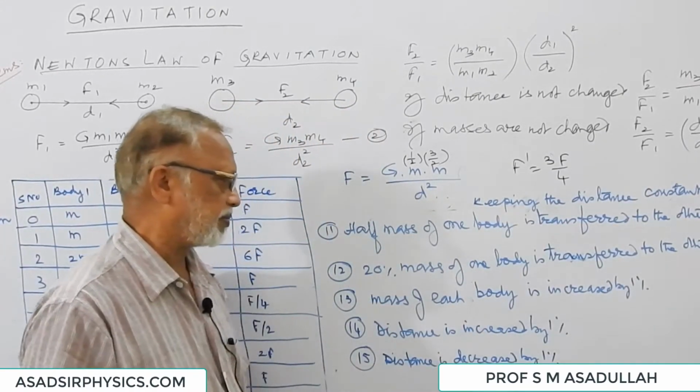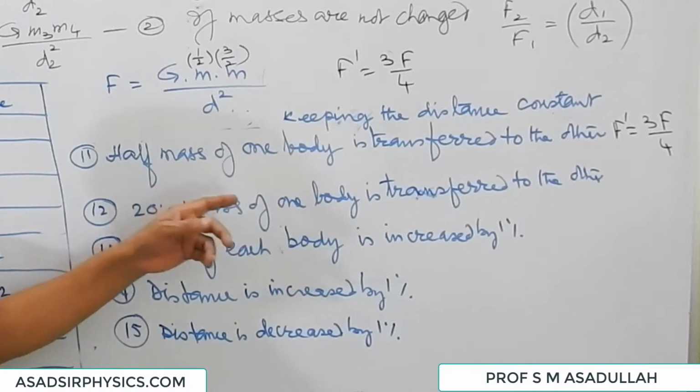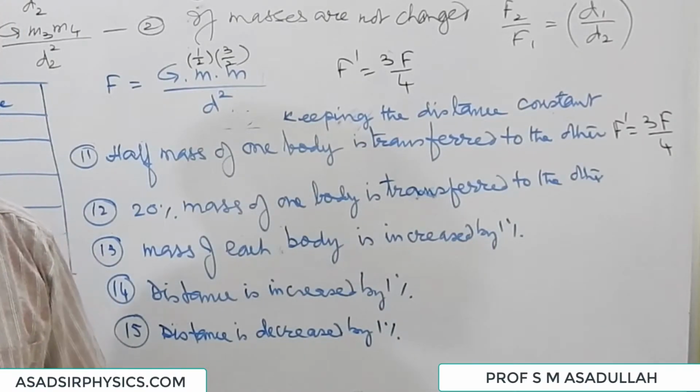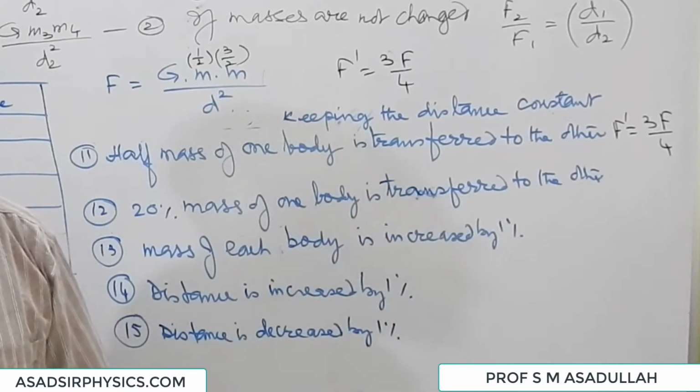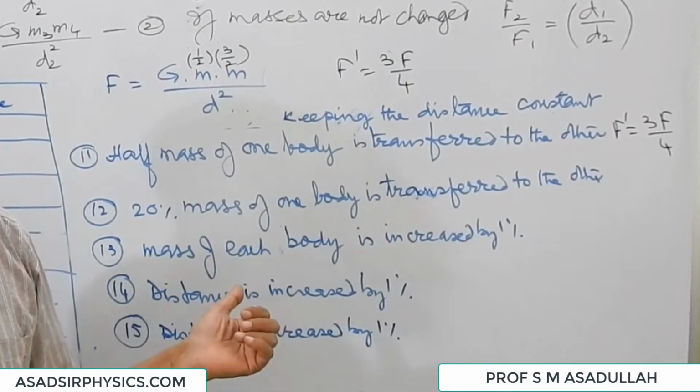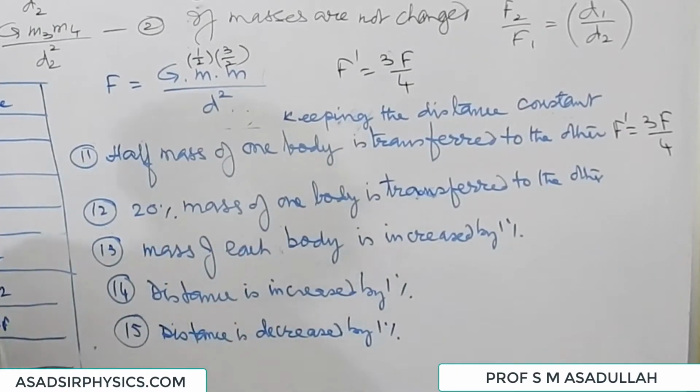Next, another problem. 20% mass of one body is transferred to the other. 20% means 0.2. 0.2 is transferred to the other. So suppose initially each one is 1, 1. 0.2 lost means it will become 0.8.